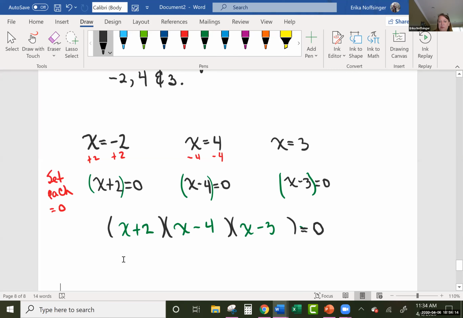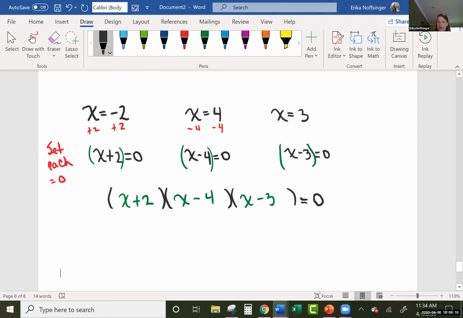Okay, so we wanted to know the polynomial. So we just want to expand this out, and then we have the polynomial that would give us the 3 solutions of -2, 4, and 3.